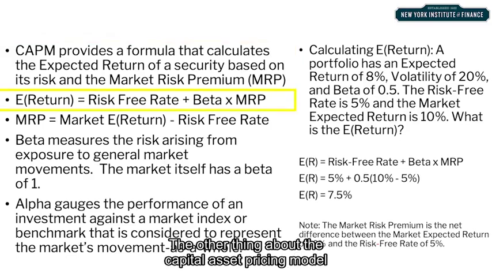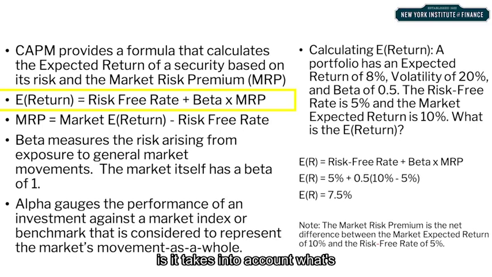The other thing about the capital asset pricing model is it takes into account what's called a market risk premium, which is the return investors want over the risk-free rate. If you look at it in terms of the formula, the capital asset pricing model equals the risk-free rate plus beta times the market risk premium.